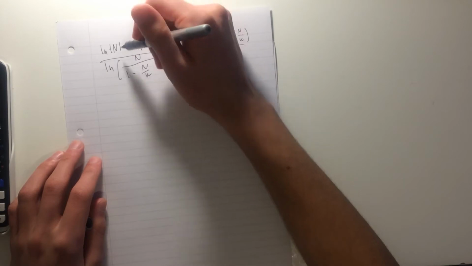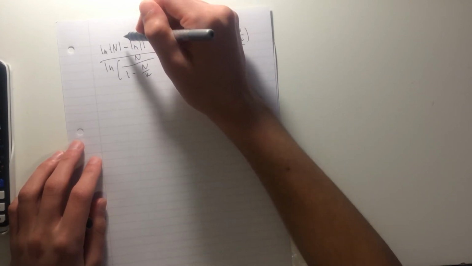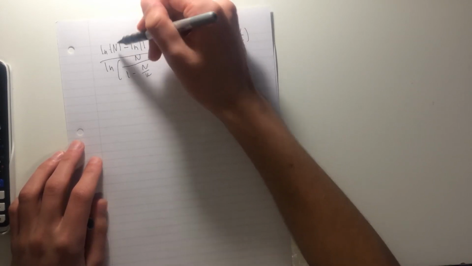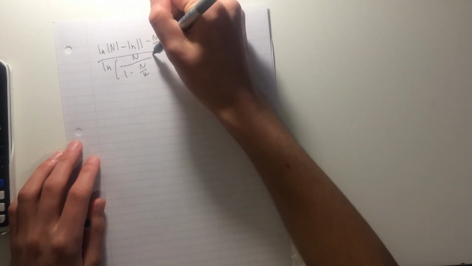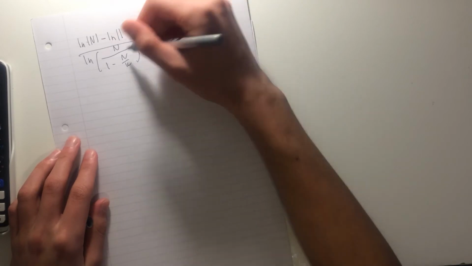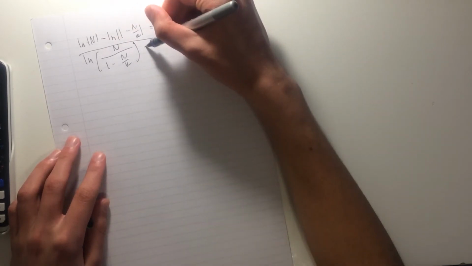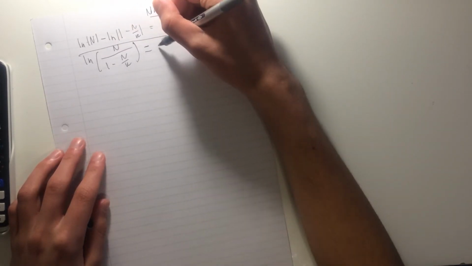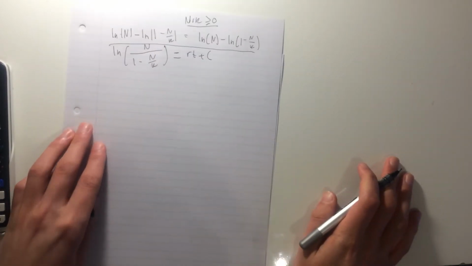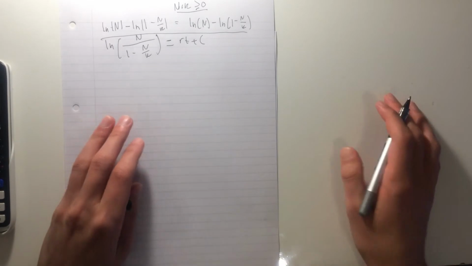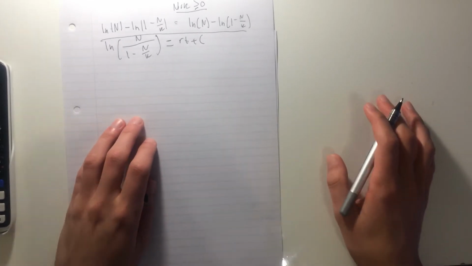If there is a minus sign between them, we can divide the argument of the first by the second within one ln. So that's equal to rt plus c. And remember, c doesn't really matter at this point, we just know it's a constant of integration.